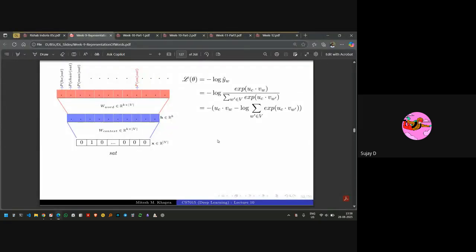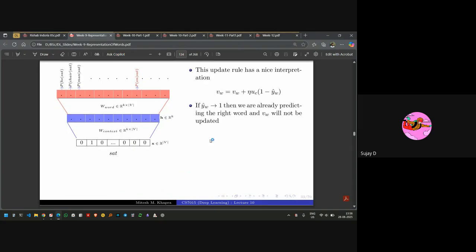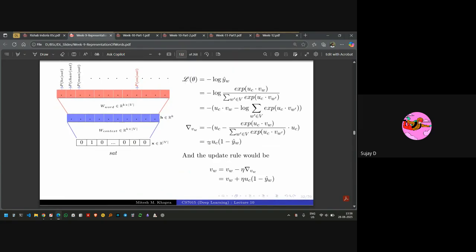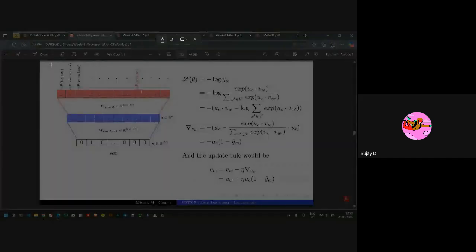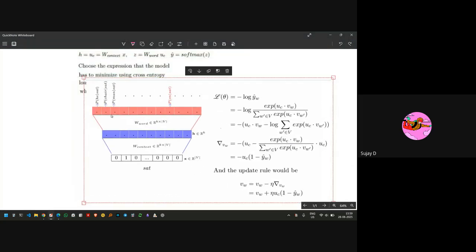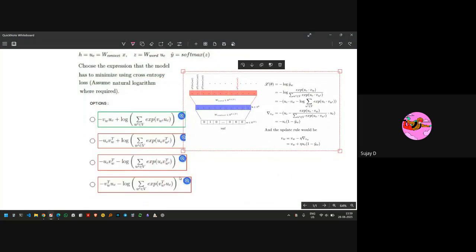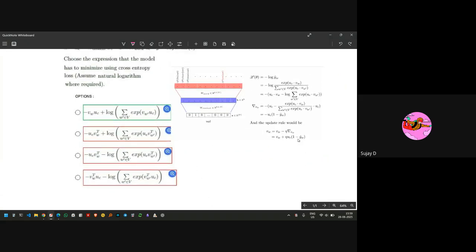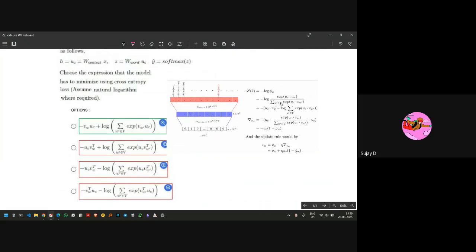I will put this in the reference. We used this update rule in the beginning, remember? Yes, that one. Theta is provided and we calculated it. Okay, so these things can be tested. While revising, we should focus on these things. Yes.